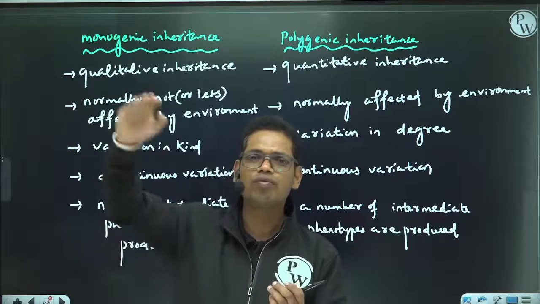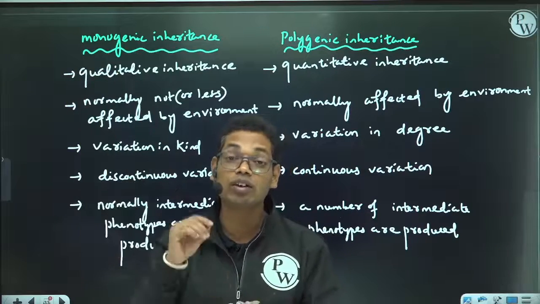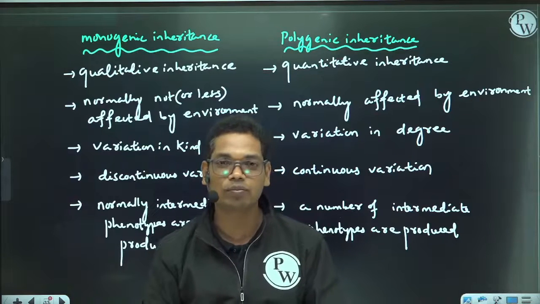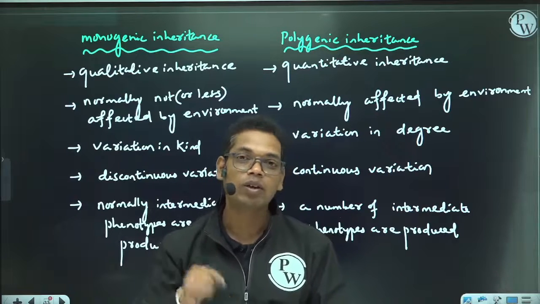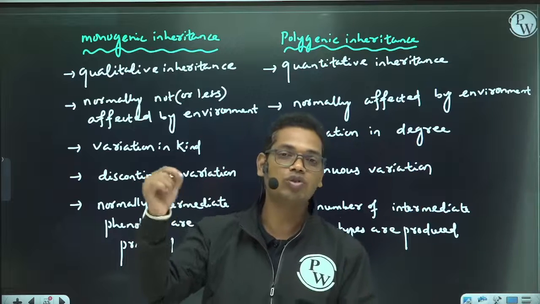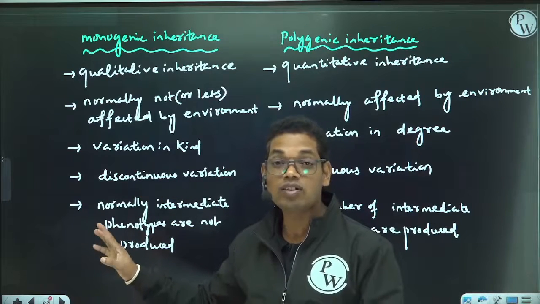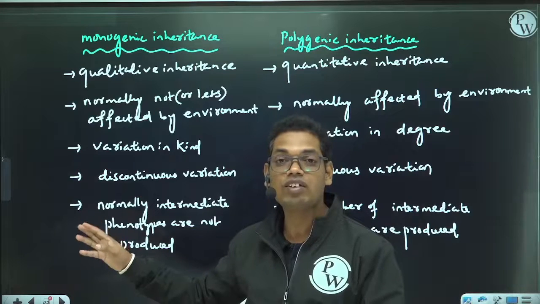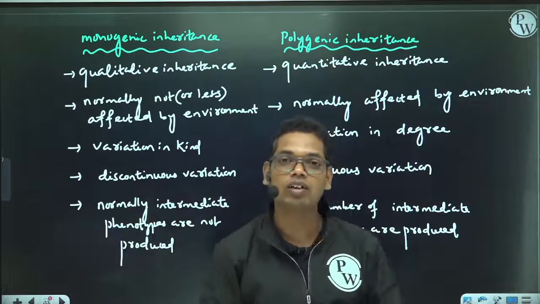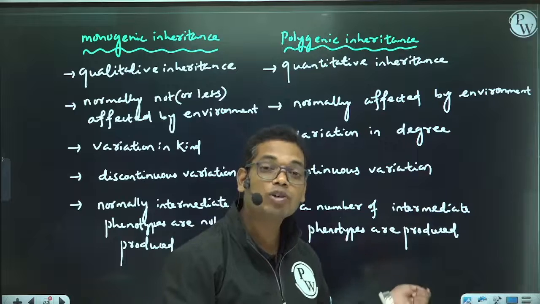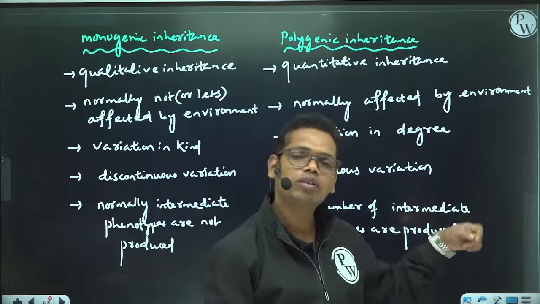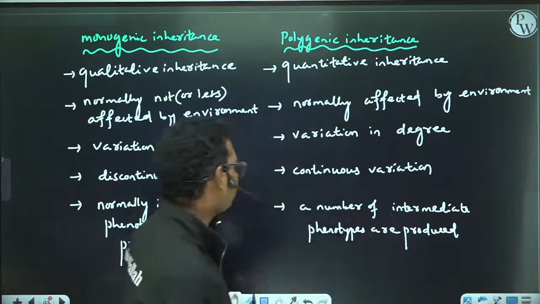So a number of phenotypes are observed. There is a variation in the degree: how much tall, how much dwarf. But here it is either tall or dwarf. There is variation in the kind. I hope you are able to understand.